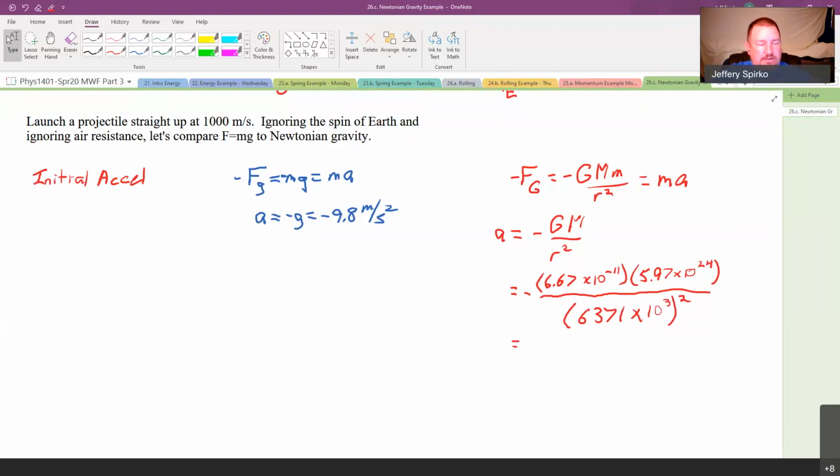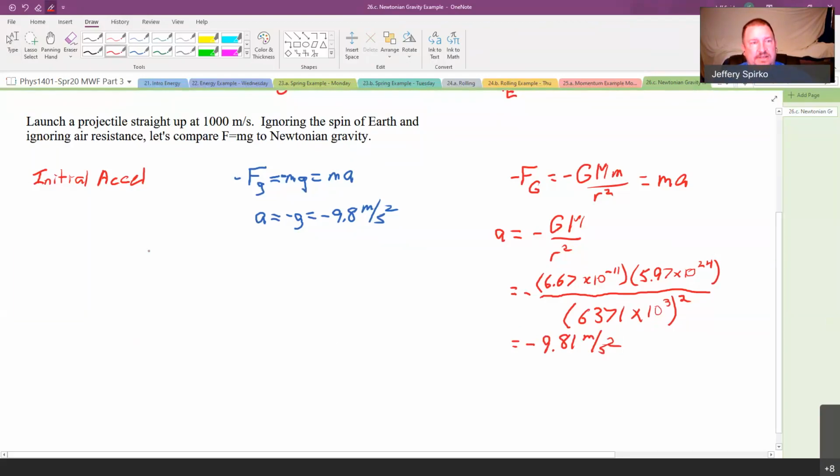So capital G, 6.67 e minus 11, capital M, 5.97 e 24, and our Earth is 6371 e3, and a is that times that over that squared, and it comes out to 9.81 meters per second squared. So far so good. The two methods are producing the same result for the acceleration immediately after launch.